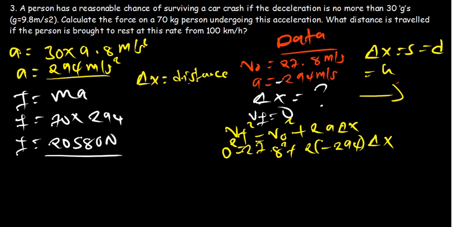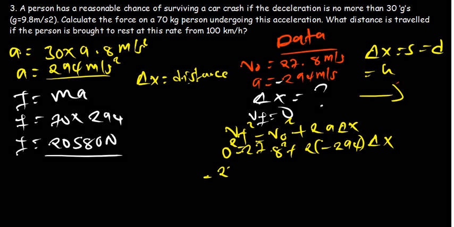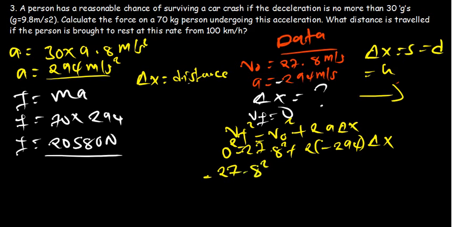So if we do that, we are going to have negative 27.8 squared equal to negative 294 times 2, I'm getting negative 588, times change in x.